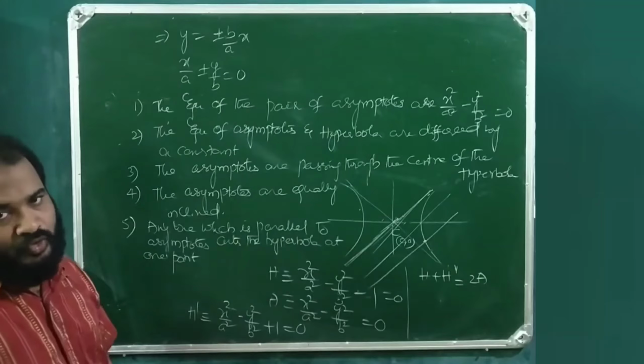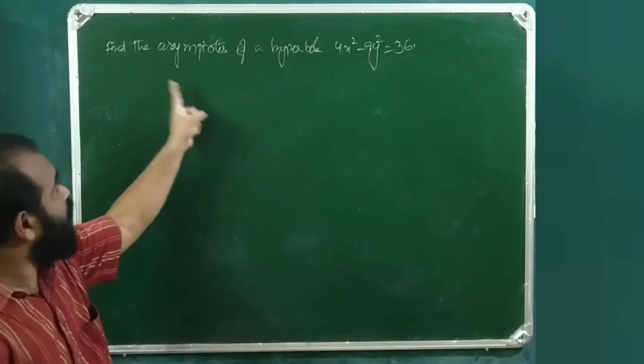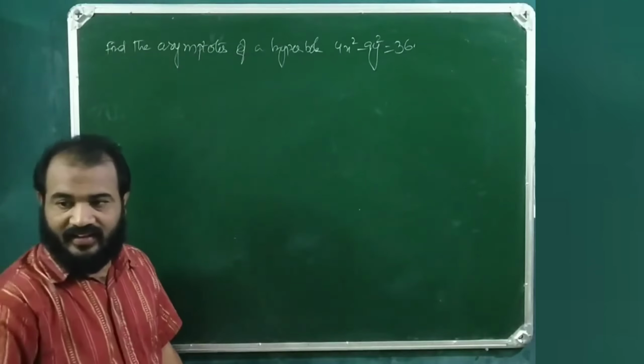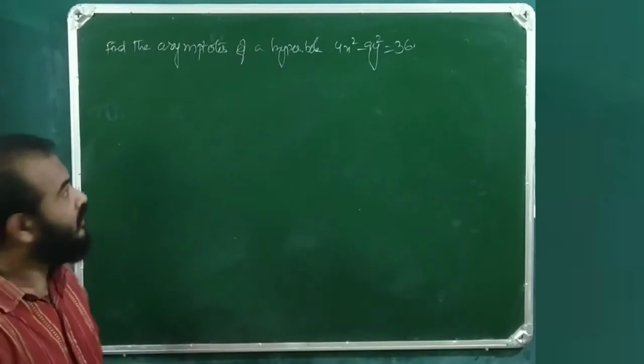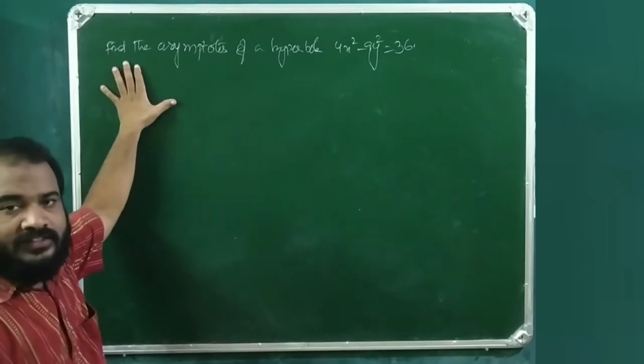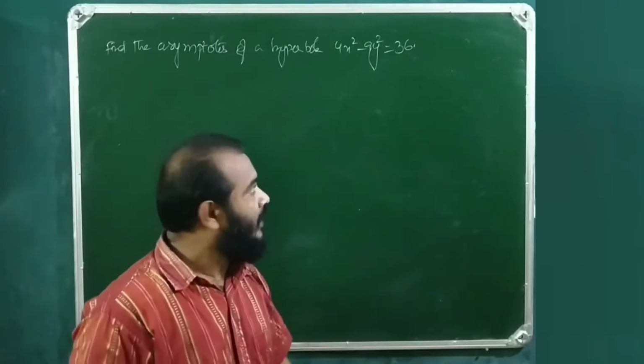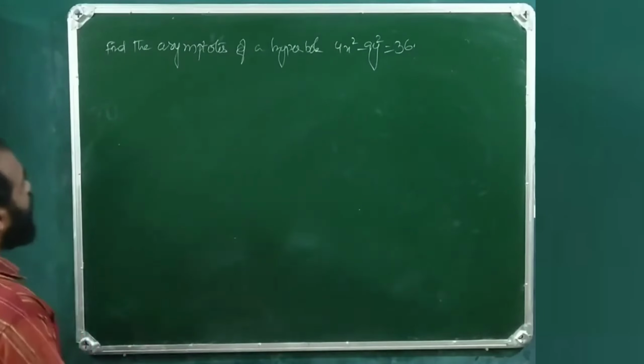So these are the explanation for the asymptotes. Let us consider this example. Find the asymptotes of the hyperbola 4x square minus 9y square equals to 36.